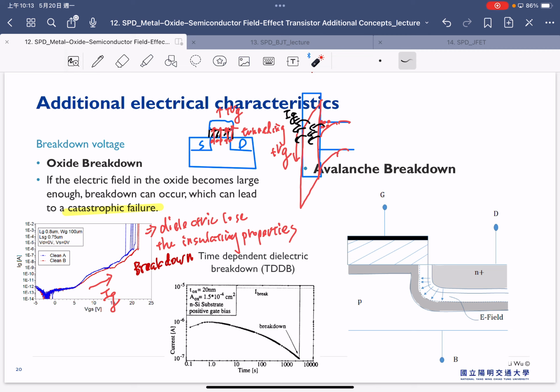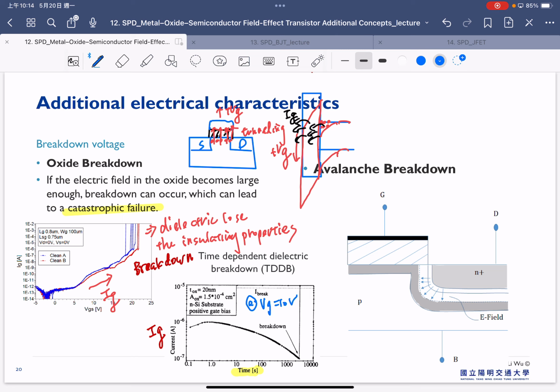And in addition to the gate current versus voltage here, we also have to be worried about issues related to the gate current versus time. Similarly, we can expect that with a certain fixed bias here, for example in this graph, we just give a constant bias of VG at 10 volt here.